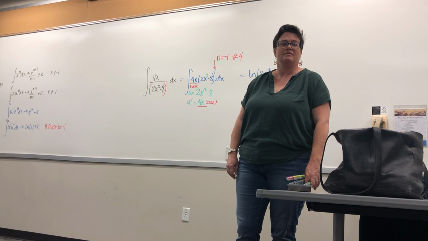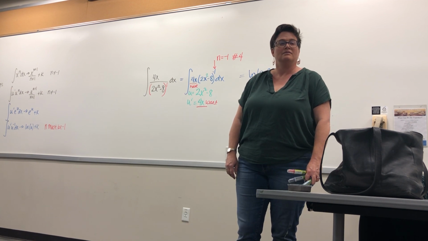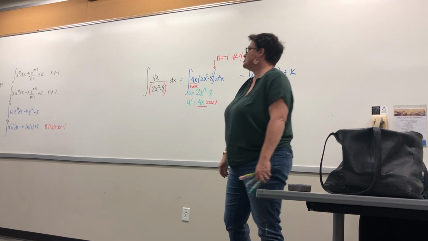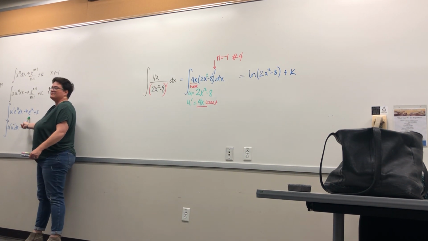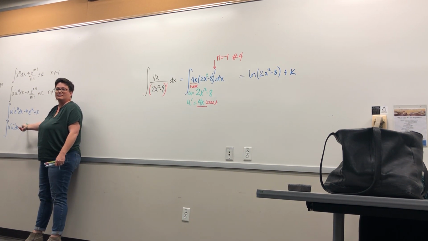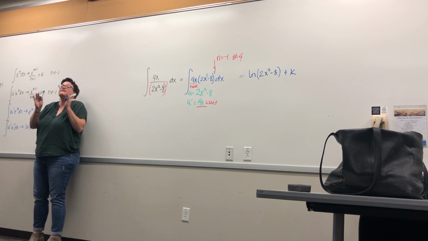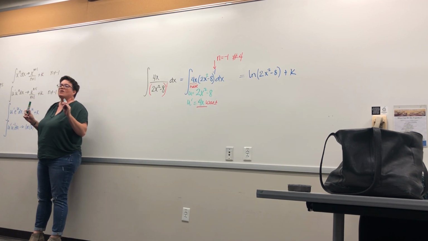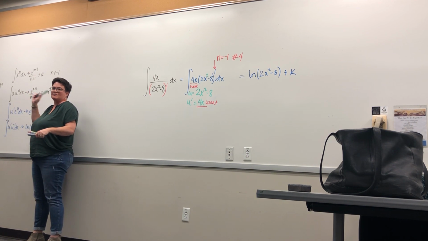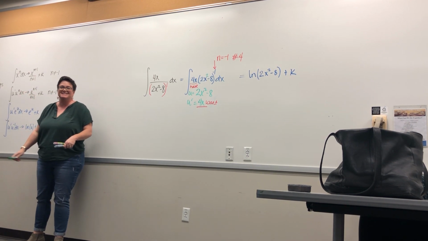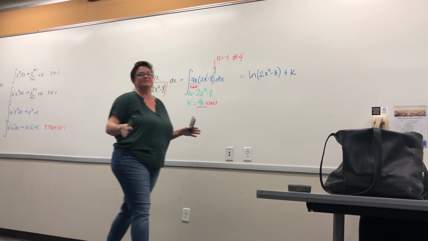Can it be -1? Yeah, the reason it can be is there's no thing dividing by n+1. It's a different format. So our goal is to not make this look like that. Our goal is to make our problem look like one of these 4 things. They're completely separate problems.